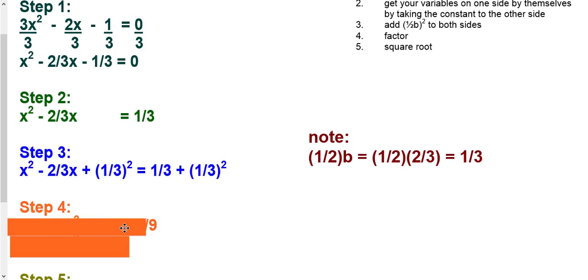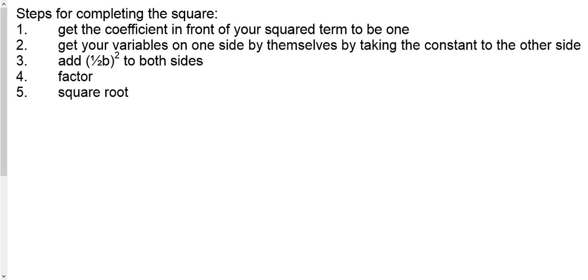So on the right-hand side, I'm going to have 1/3 plus 1/9. Do a common denominator, and I get 4/9. The left-hand side is going to factor into two identical parentheses. It's going to factor into x minus 1/3, all squared. Now, let's go back here.